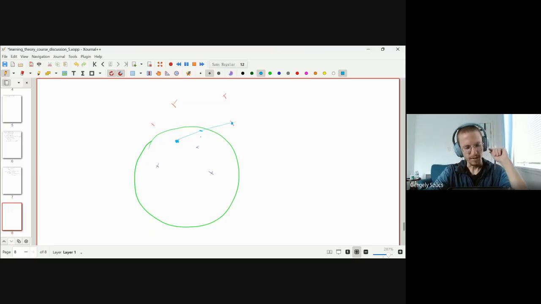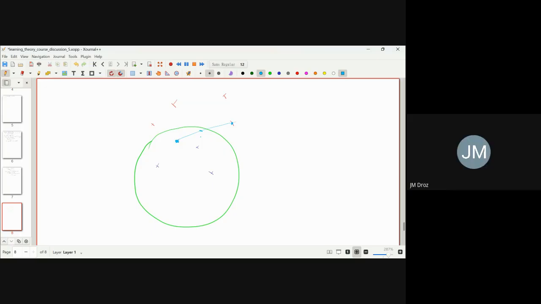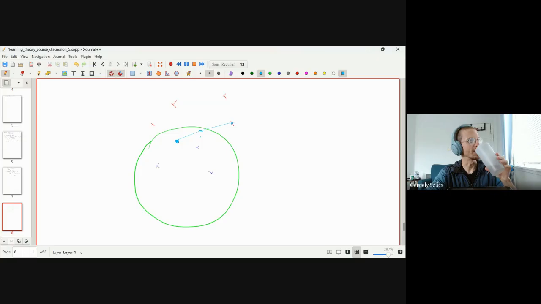Yeah, it seems like a reasonable thing to do in practice, but it seems like it doesn't work. I'm not quite sure, but it doesn't work exactly because of this: certain spiky distributions might make it fail.